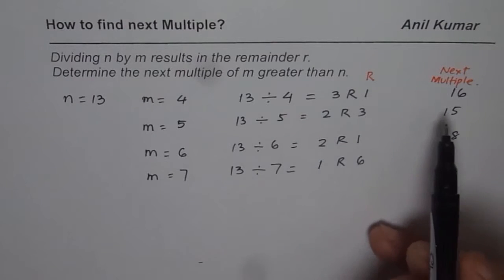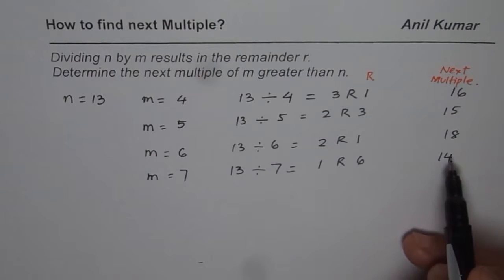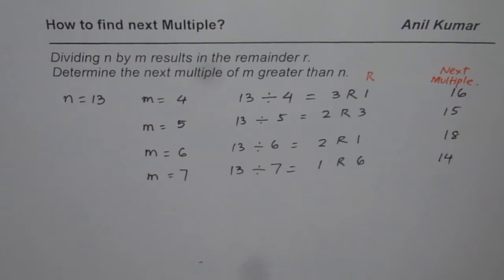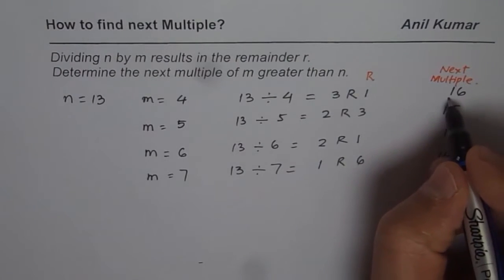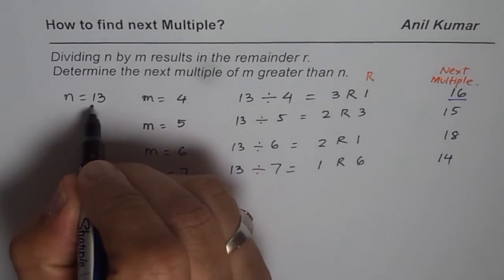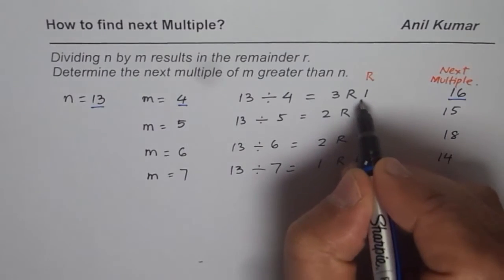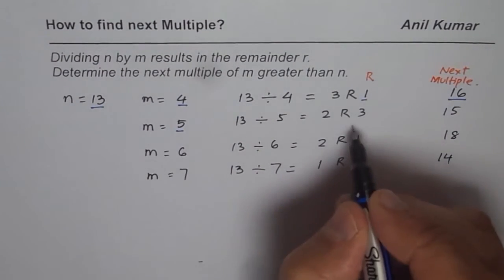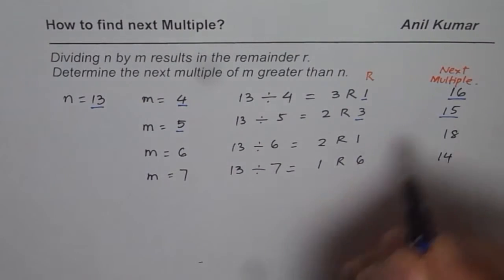Now, how is this next multiple related with 13, 4, and the remainder? This is what you have to figure out. The same relation should hold between the next numbers.